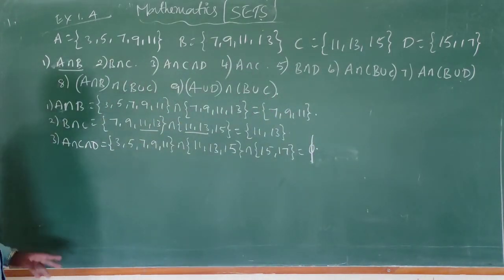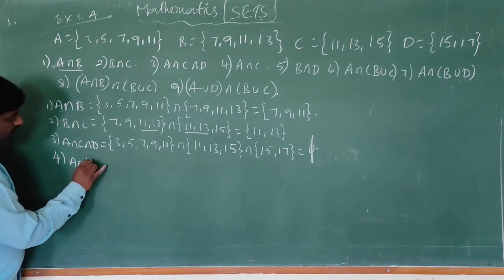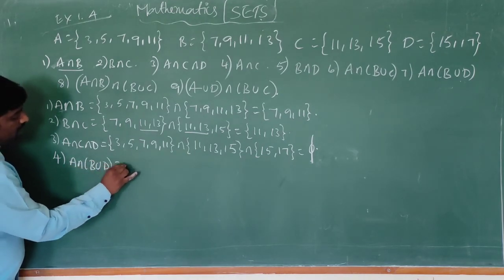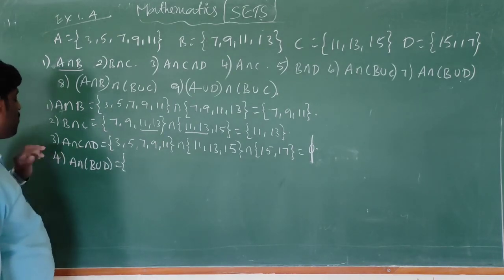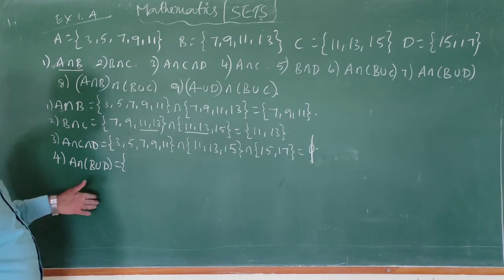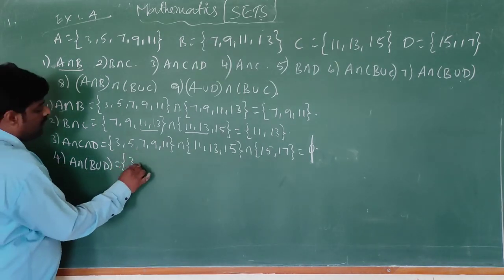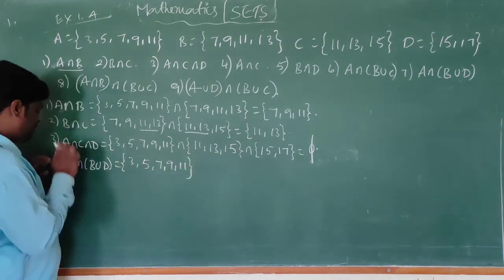So next question is A intersection B union D. First I want to find B union D. A is 3, 5, 7, 9, 11.